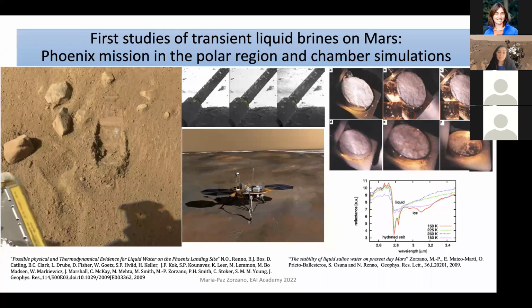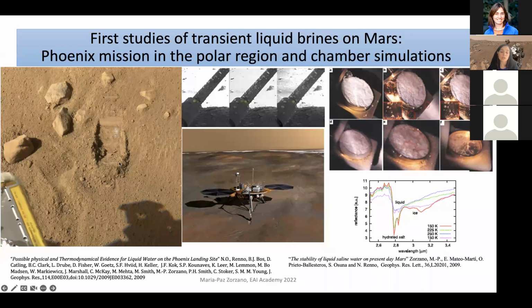So when did we start talking about the relevance of salts on Mars? This happened already when the mission Phoenix was operative in the polar region. You may remember this mission, which looked like this artistic impression that is included here. It's a huge lander with solar panels, and one of the purposes of this mission was to investigate the soil, the top centimeters of the soil.